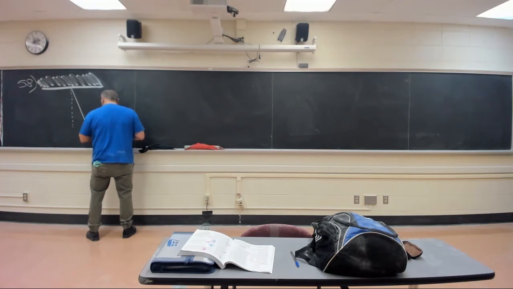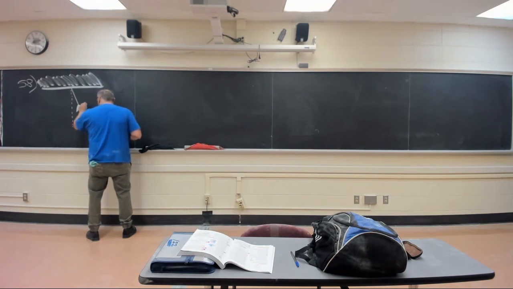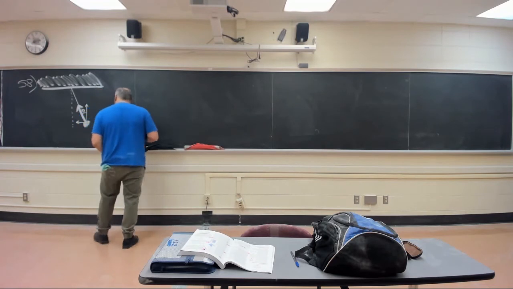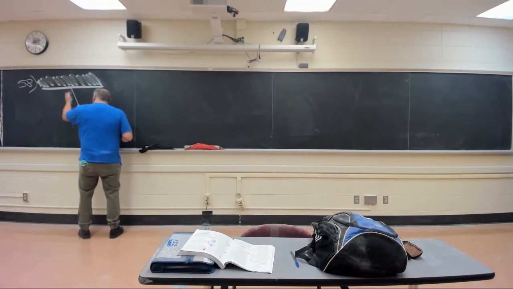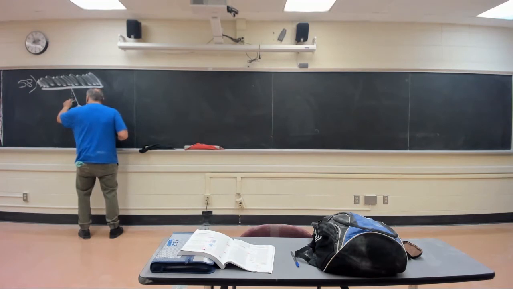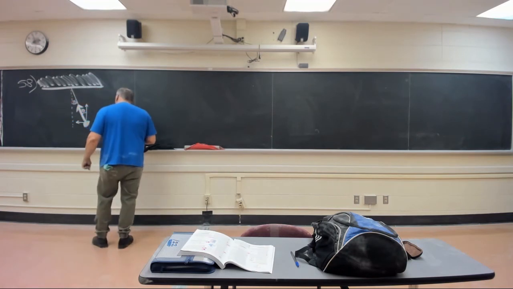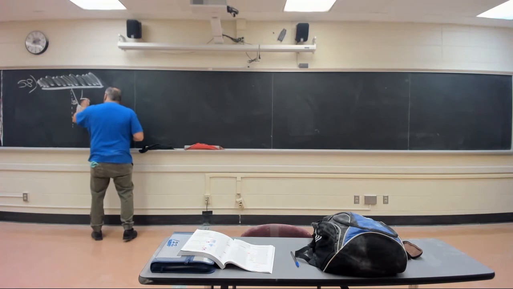We said that there is a tension here, a tension component here, and a tension component there. This is important. If that's theta, these are parallel lines. This is a transversal that cuts those parallel lines. That's also theta. This is length L.